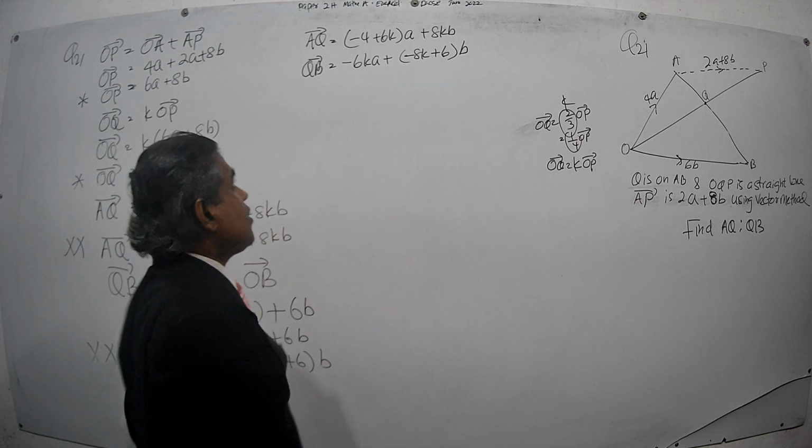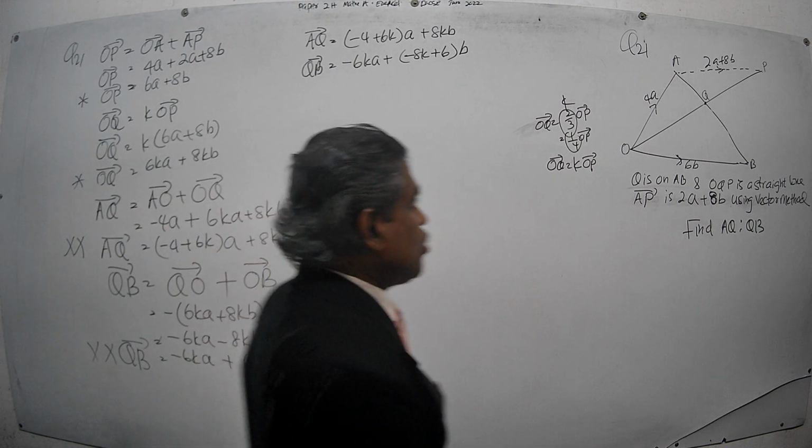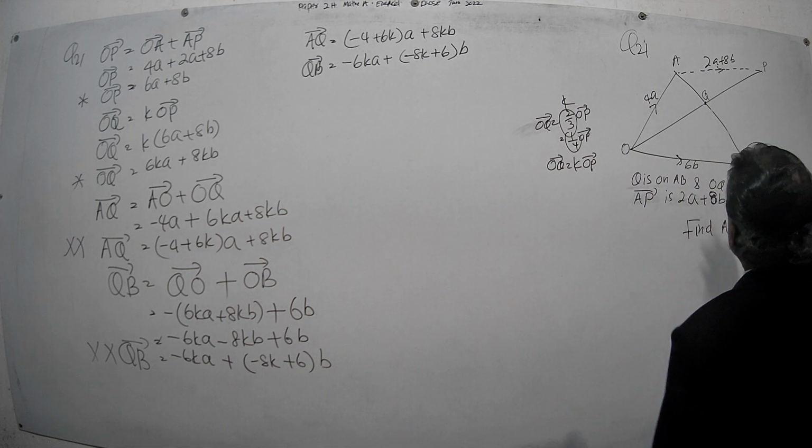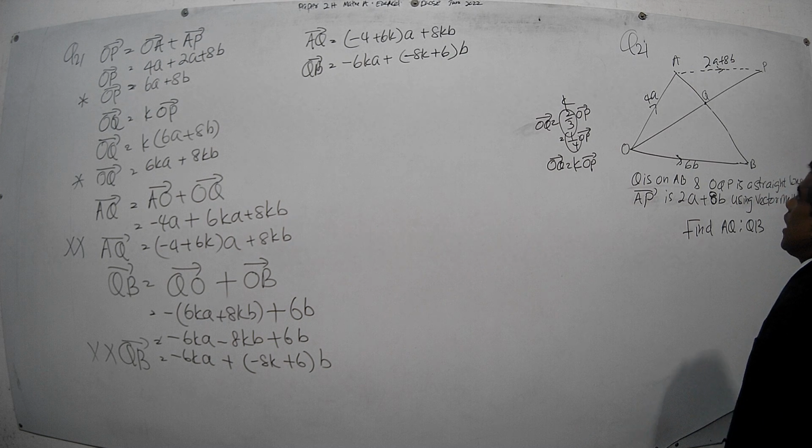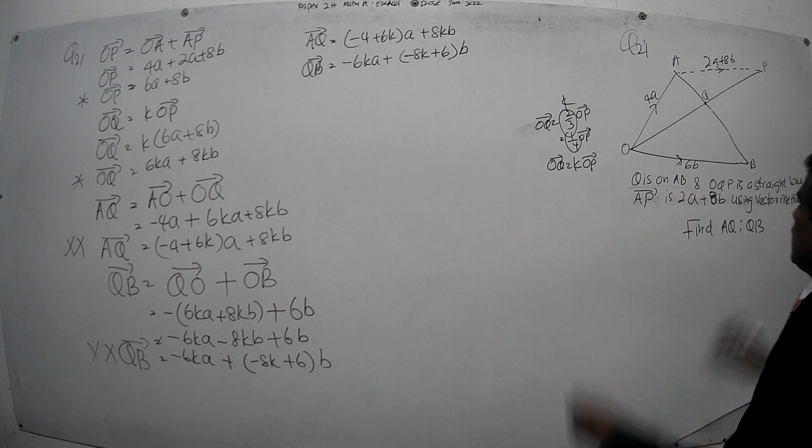Now we can write as I told you. AQ and QB are parts of the same straight line. When the same straight line is divided into any number of parts, all parts are parallel.